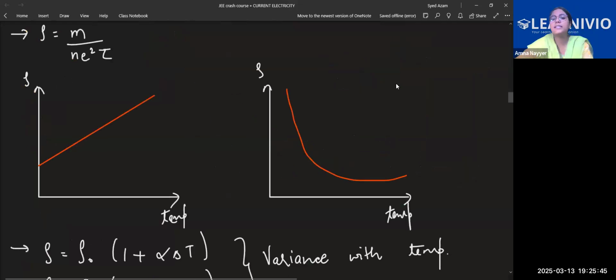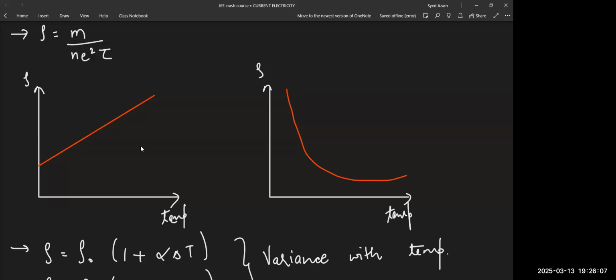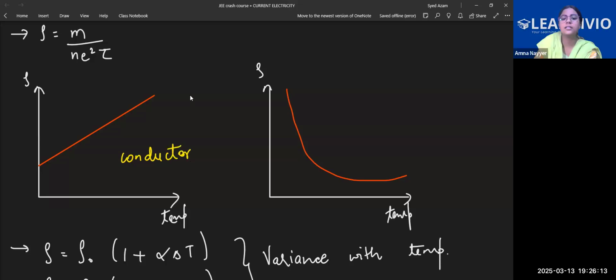Okay, coming to the resistivity, m by n e square tau, this is the formula. And you have variation with temperature. 2 graphs you need to remember. Now, this was there in your CBSE board exams also. So tell me, which material is this where the resistivity is directly proportional to temperature? Conductor, metal. Yes, this is a conductor.